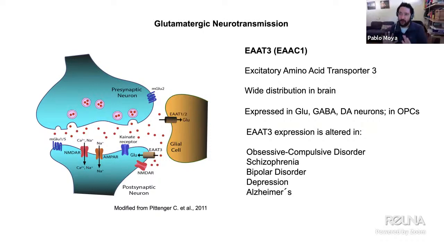In a very RDoC-based way, we won't keep talking about the disorders, but rather about the domains. The EAAT3 knockout mice were available in the late 90s, and there was no evident phenotype related to any psychiatric disorder. The main findings were related to the lack of cysteine transport, and as you know, cysteine is the precursor of glutathione.